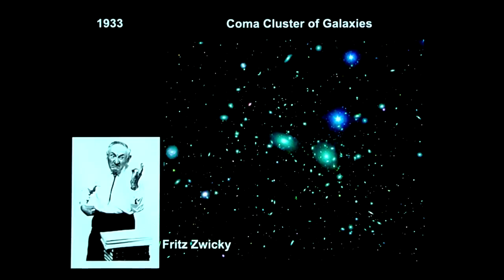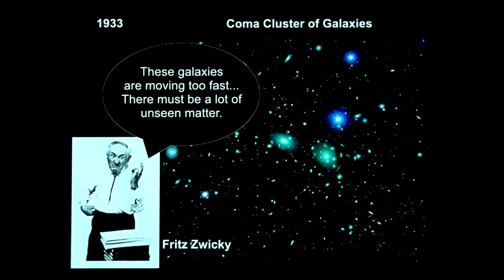In 1933, our friend Fritz Zwicky was studying the Coma cluster of galaxies, and what he was doing was measuring how fast they were moving relative to us. He used their line of sight velocities, the redshift of their light, to measure their relative motions to each other. What he found is that they were moving around much faster than they should have been if the only gravity that existed could be explained by the light that he sees.